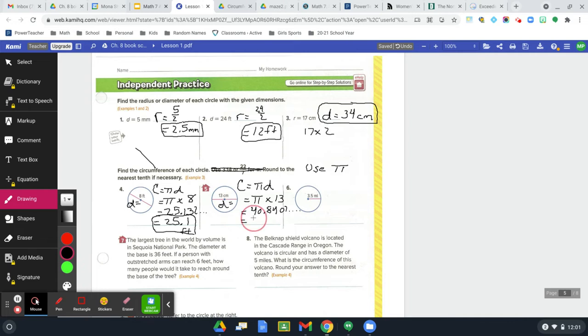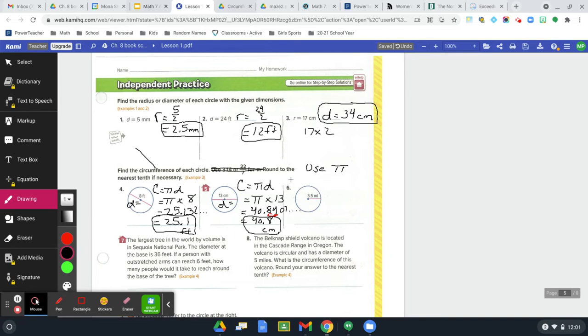So 40 point, nearest tenth, one place past. So I look at that 4 in the hundredths, and that tells me what to do to the 8. And the 4 is not going to round the 8 up. So it's 40.8 centimeters. Okay, there's your circumference around that circle.